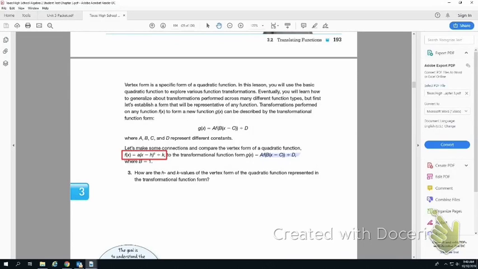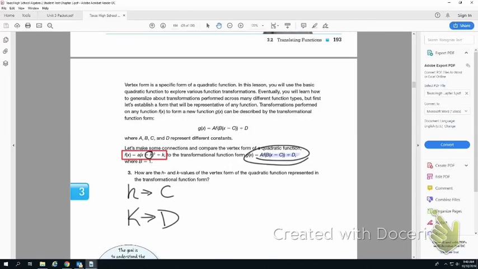So the H value is the same as what? Okay, it's going to give me the axis of symmetry. But what letter over here is it the same as? C. So the H, that's the same as C. The K value is the same as what?